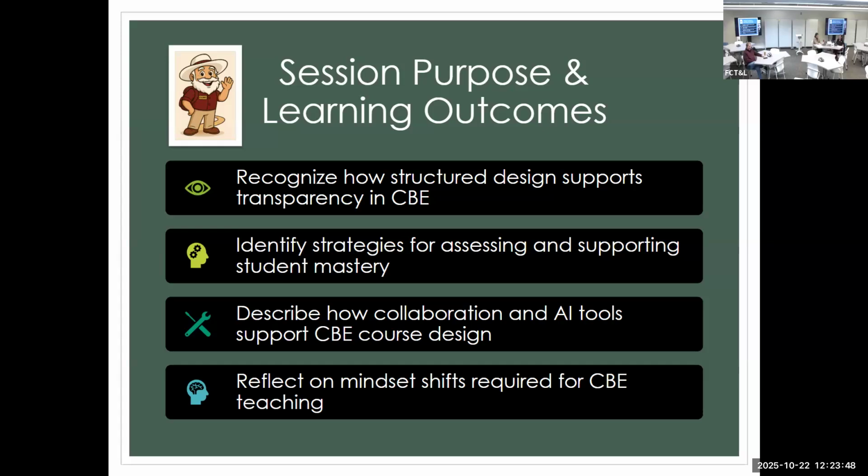And then we're going to reflect on the mindset shifts that we had. I keep looking to my right because Mary's to my right. We're going to be honest about what those mindset shifts were in order to design a CBE class, but then also to teach it.